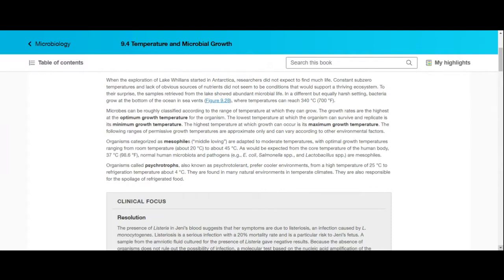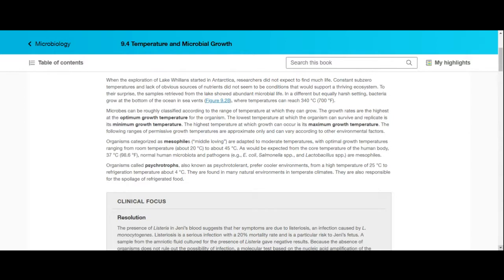Now, we have other organisms called psychrotrophs. Okay, now phile means love. Troph means basically eating, really. And so the psychrotrophs basically tolerate the temperature. They don't love the temperature.